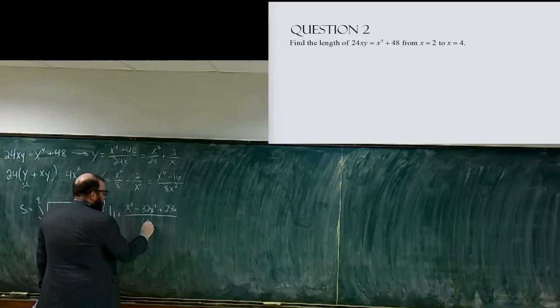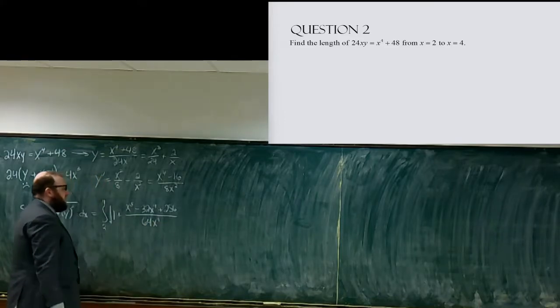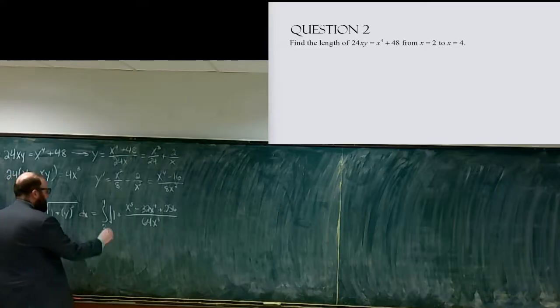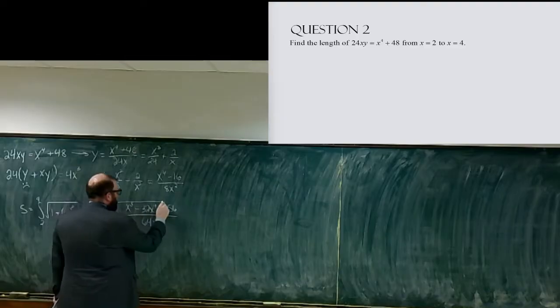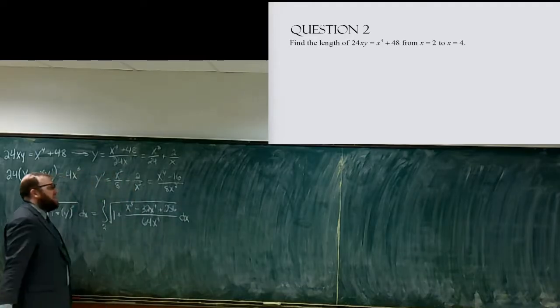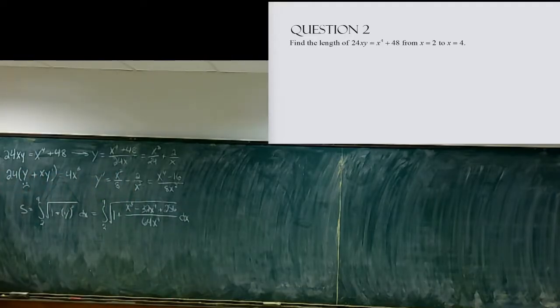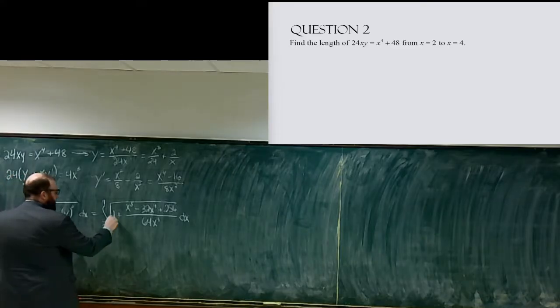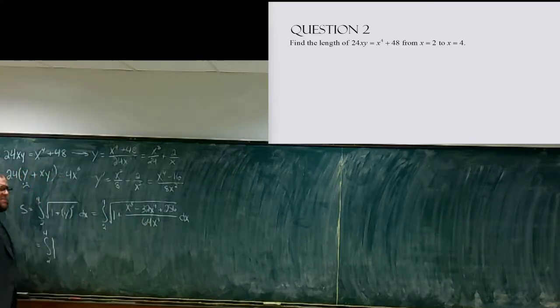And the denominator is 8x squared squared, 64x to the 4th. Oh, that looks hideous. Write that as a single fraction: 64x to the 4th plus x to the 8th minus 32x to the 4th plus 256 over 64x to the 4th. That gives x to the 8th plus 32x to the 4th plus 256, right? Yeah.